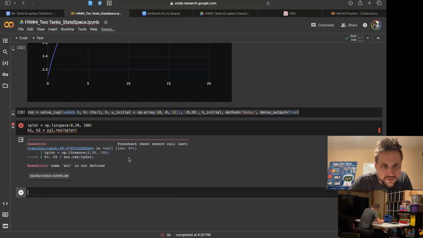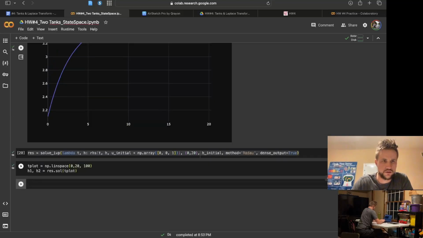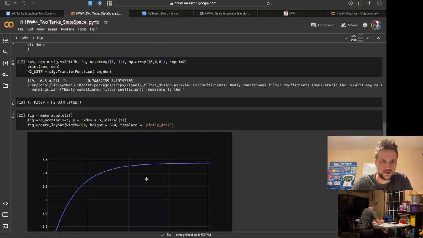H1, H2 are not defined. Sol is not defined. Well, that's because I just need to flip them the other way around. Okay, there we go. So now let's go ahead and plot this out.